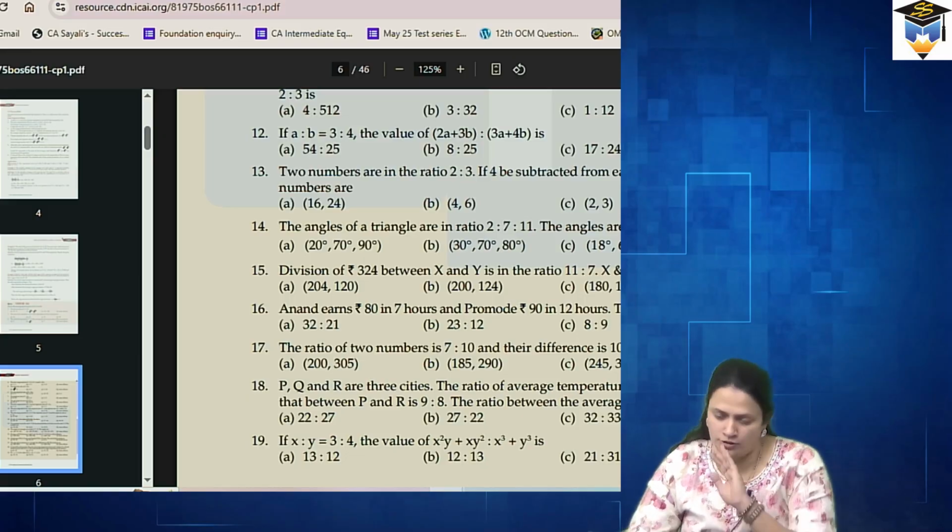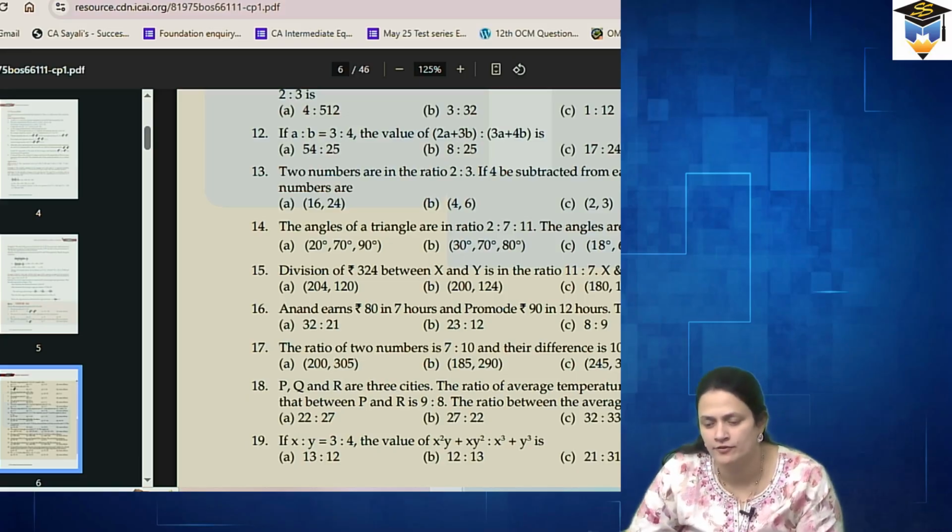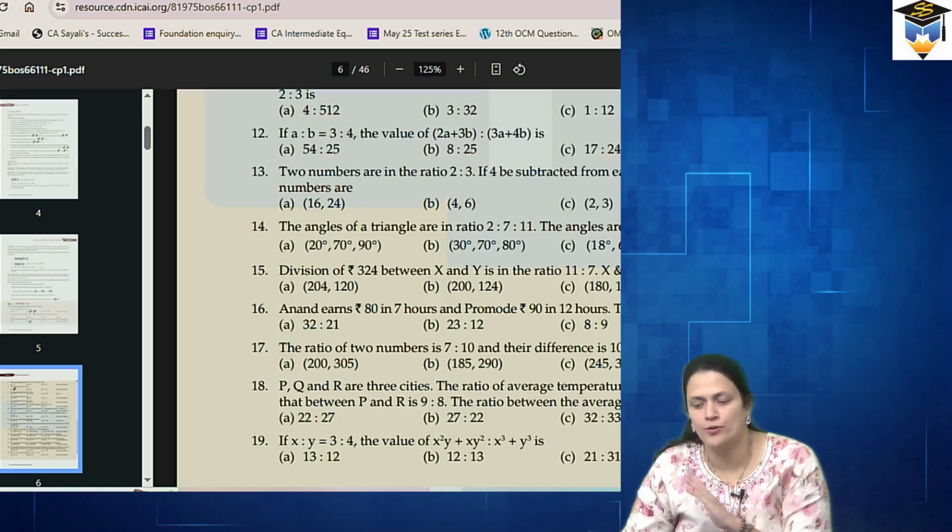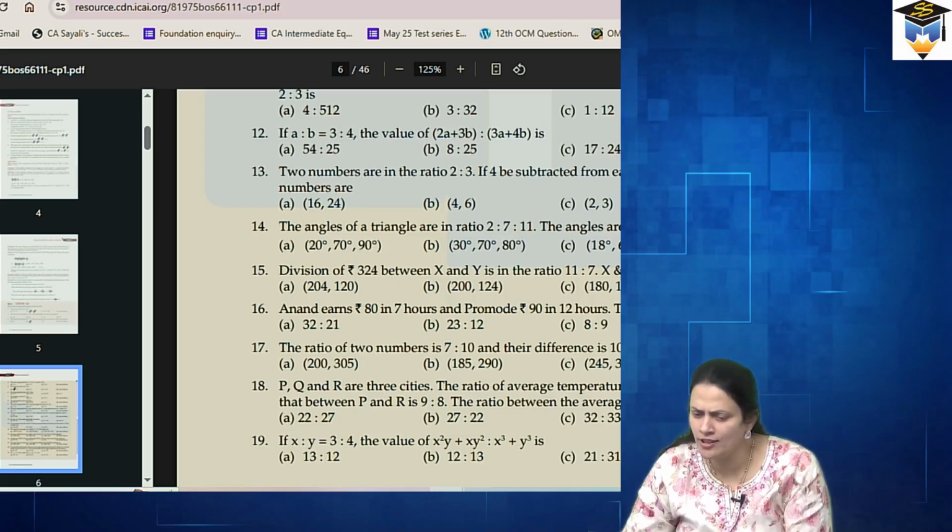The ratio of their earnings is what we have to find. So Anand is to Pramod: Anand's earning upon Pramod's earning.